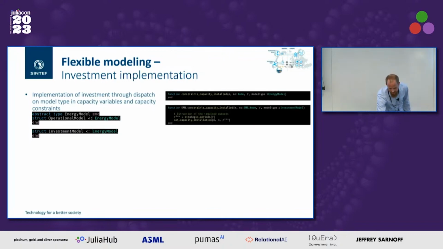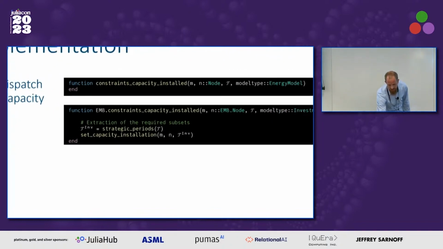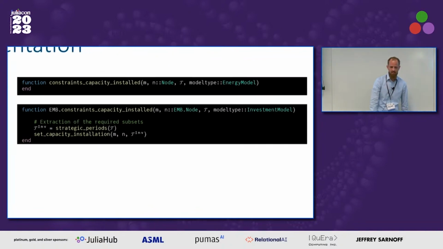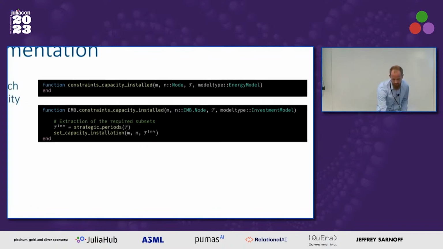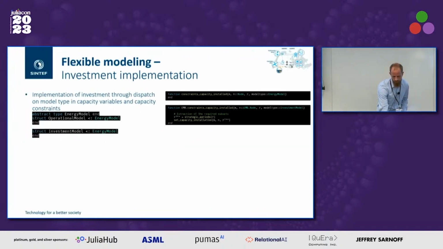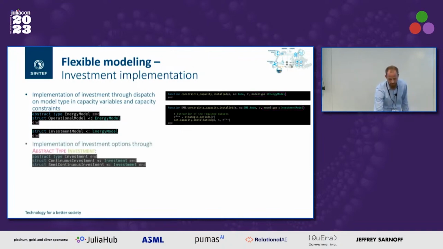And again, if we have an investment model, we overload the function from the base to include the investment constraints on top of that and create the variables for the investments required only for the technologies which have investments. That is pretty much just an overloading of a small part on the model type, and that works neatly.